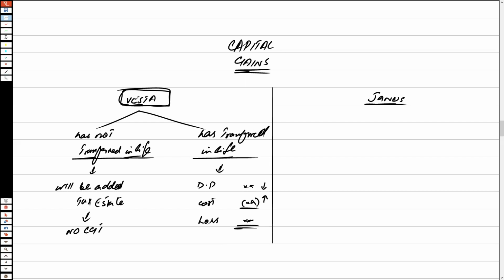Even if there is a loss, this loss cannot be adjusted with any other gains because the person has not disposed of any other asset in the same fiscal year. Is that clear? All right.